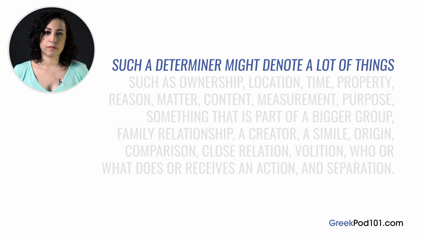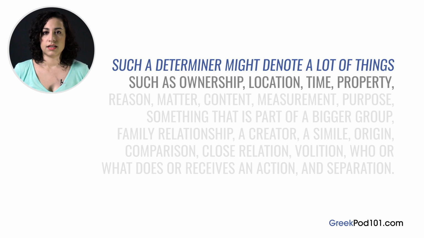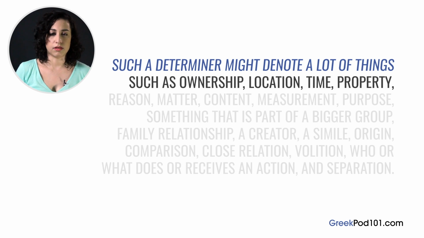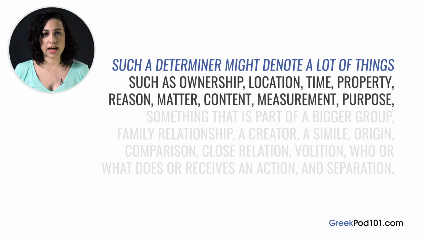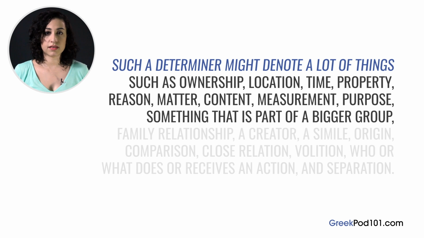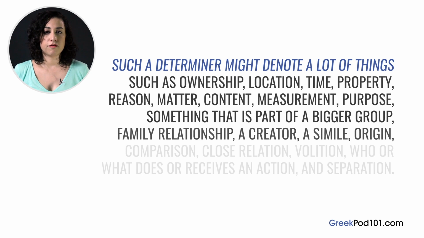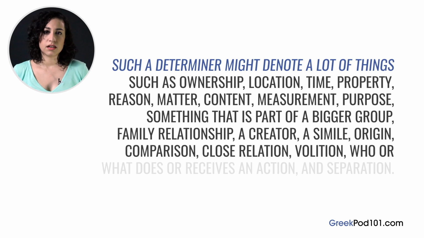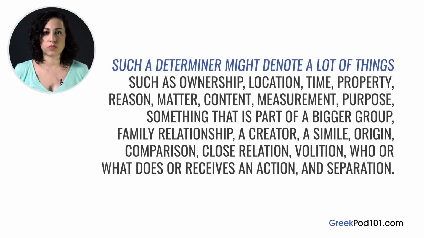Such a determiner might denote a lot of things, such as ownership, location, time, property, reason, matter, content, measurement, purpose, something that is part of a bigger group, family relationship, a creator, a simile, origin, comparison, close relation, volition, who or what does or receives an action, and separation.